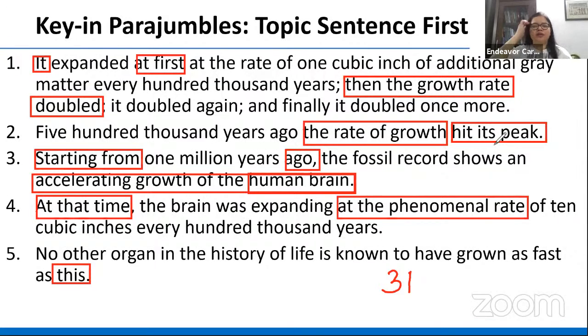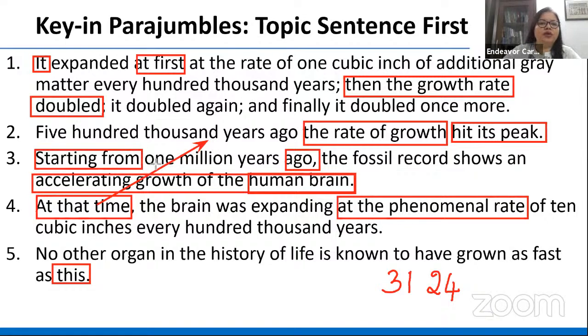The peak growth is the phenomenal growth of the human brain, which means 4 and 2 are connected. That is, 2 should take me to 4. What does "at that time" refer to? It refers to 500,000 years ago.